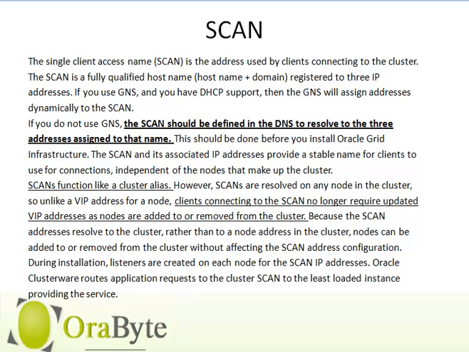So node 1 VIP 1, node 2 VIP 2, node 3 VIP 3, node 4 VIP 4, node 5 VIP 5, and each VIP is consumed by the listener. It can also be a customized application VIP and customized listener running on that VIP. All this VIP information must be present in 10gR2 and 11gR1 in your TNS entry.